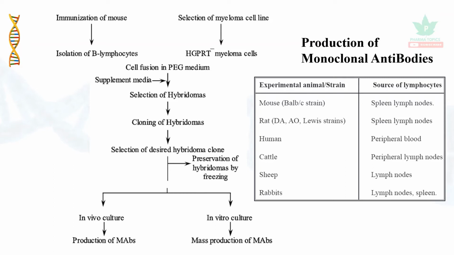In cattle, blood or peripheral lymph nodes can be collected and used for production of monoclonal antibodies. Sheep lymph nodes can be utilized for the production of monoclonal antibodies. And the lymph nodes or spleen from rabbits are also used for production of monoclonal antibodies.